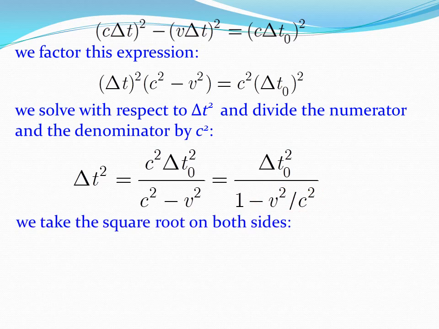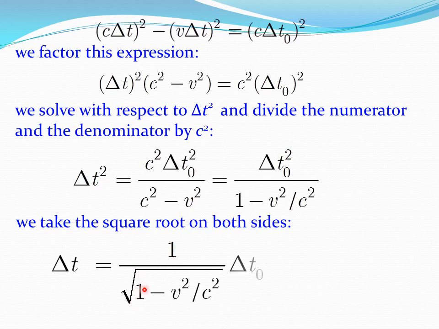Now we can take the square root on both sides, and we get an expression for delta t, which is equal to 1 over the square root of 1 minus v squared over c squared times delta t0. And if we denote this fraction over here with gamma, we get gamma times delta t0.